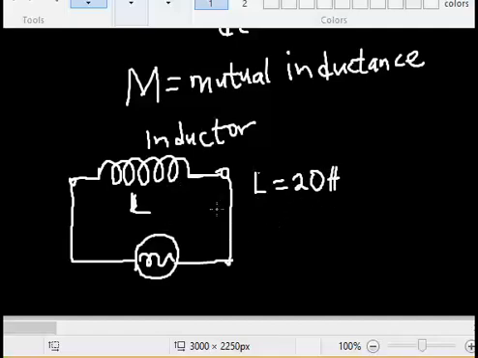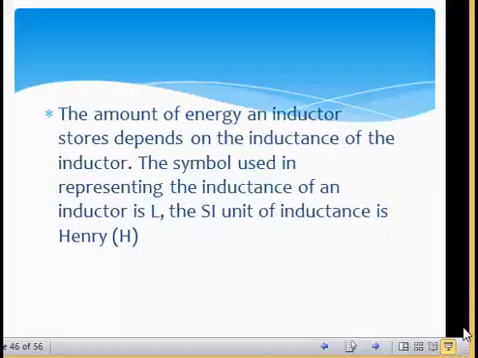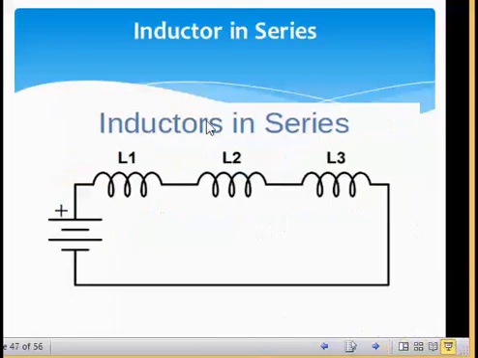Inductor is also an electrical component, so please take note of that. All right, so let's proceed. Now inductors, the same way we can connect resistors and capacitors in series and in parallel, inductors also can be connected in series and parallel.